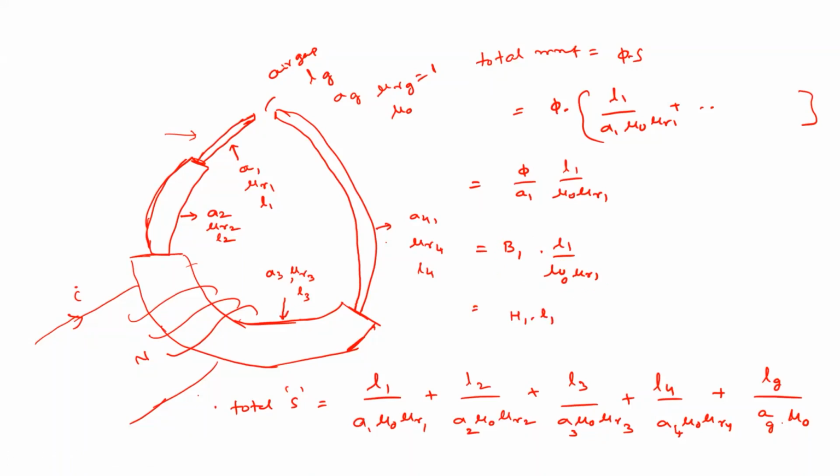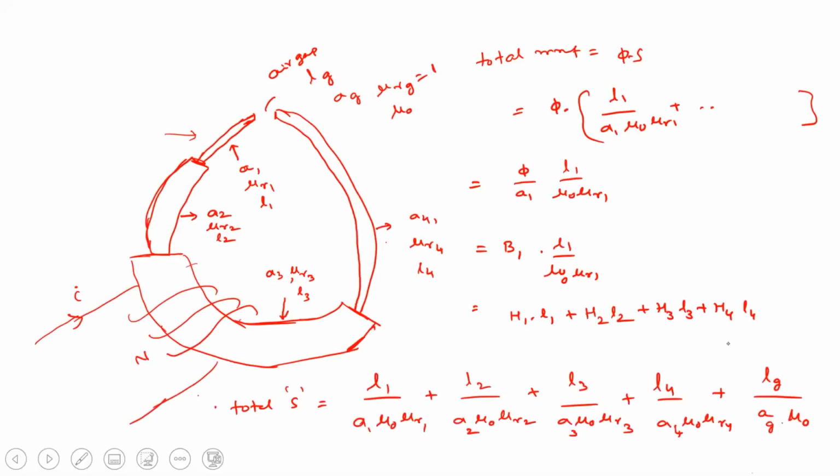In the same way, the second term is H2 L2, plus H3 L3, plus H4 L4. What is the last term? Hg into Lg. So what you understand is that this is a series connection, where the flux remains the same. Just as we add resistances, in the same way you add the reluctances.